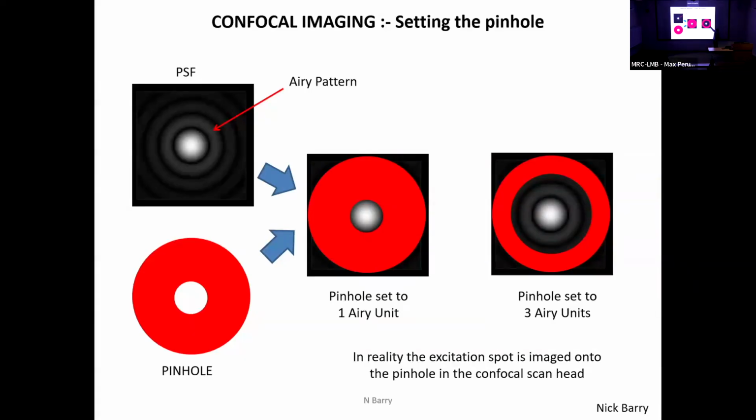But what's actually happening is that the bigger hole lets much more of the background fluorescence through. So this is obscuring the detail you want to see. As you open it up, you're losing that confocal effect. You're also losing the ability to take out a depth-resolved slice from a three-dimensional object.